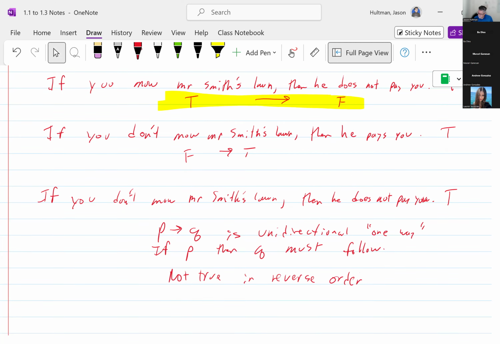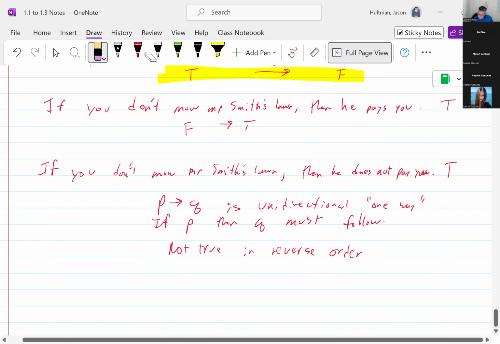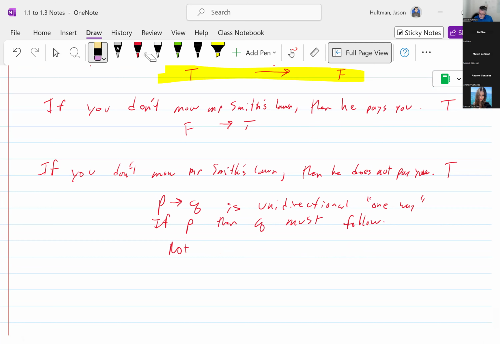Well, it could, I don't want to put a true statement. We'll just say not in reverse order, because it depends on the scenario for the truth statements. But P implies Q is not the same as Q implies P. There should actually be 3 here. We'll get to what that means in a little bit, why there's 3 and not 2.